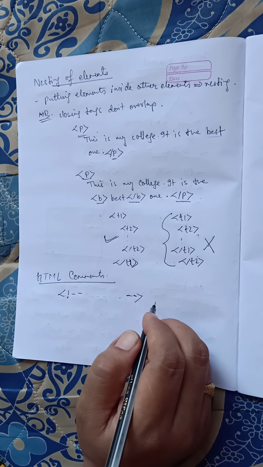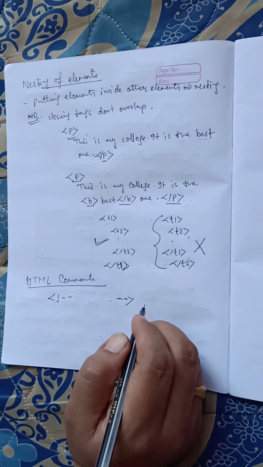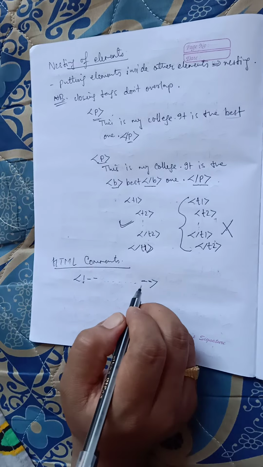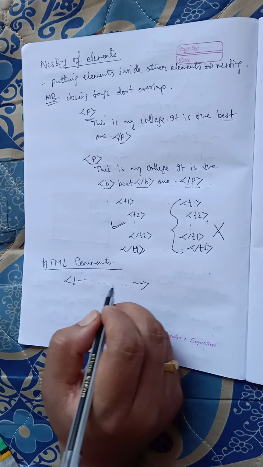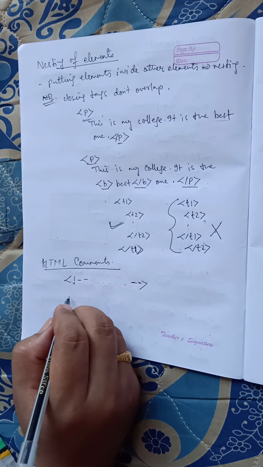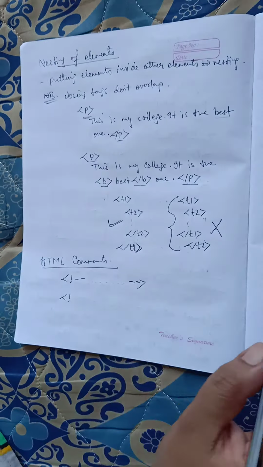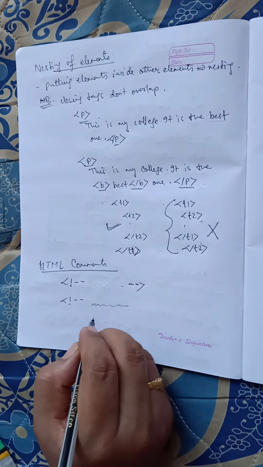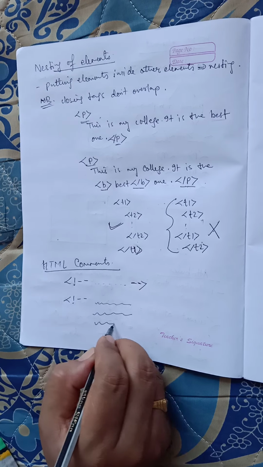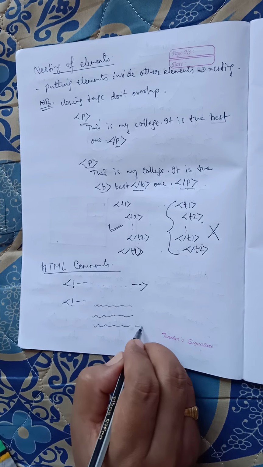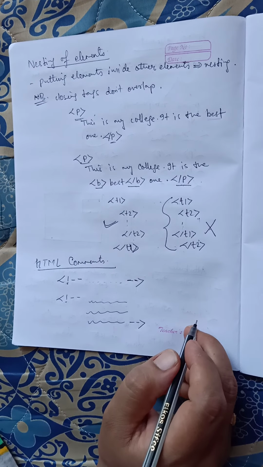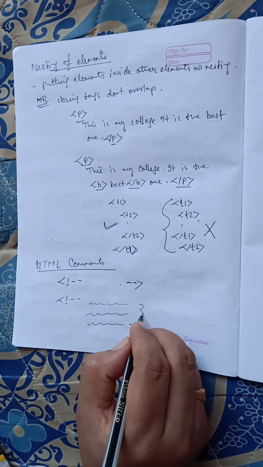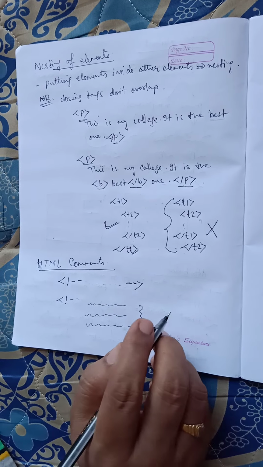So this one is single line. If I am writing suppose 2-3 lines, here I have written something, again writing something, again writing something, in this case also all these 3 lines won't be getting displayed.